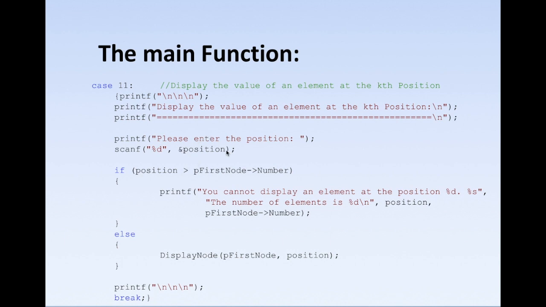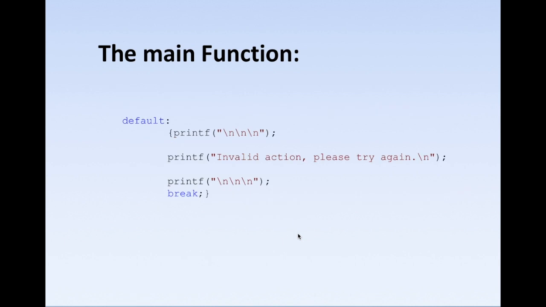Again, we take the position from the user and we check that this position is not greater than the number of elements in the linked list through this if. If it's not greater than, then we go to the else, and that's where we call display node, and we pass to it the linked list pointer and the position at which the node to display exists.